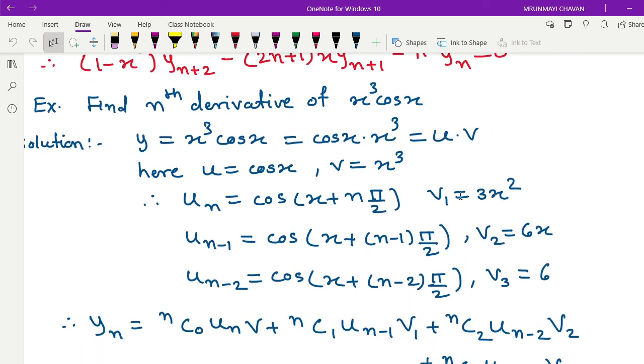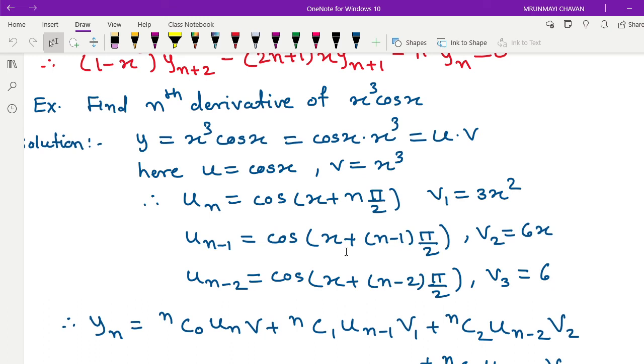Similarly, let us see the second example. y is equal to x cube cos x. Here we take u is equal to cos x and v is equal to x cube. So nth derivative of cos x is cos(x plus n pi by 2).